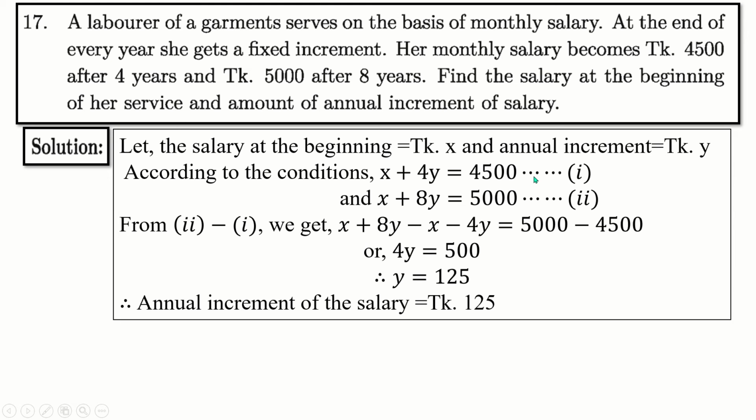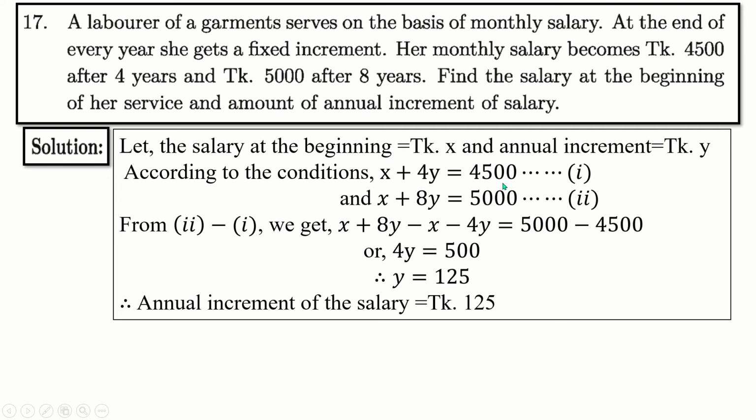Clear? And after 8 years the total increment will be 8 into y, and the total salary x plus 8y equals 5,000. Clear everyone? Now we have to find the value of x and y.